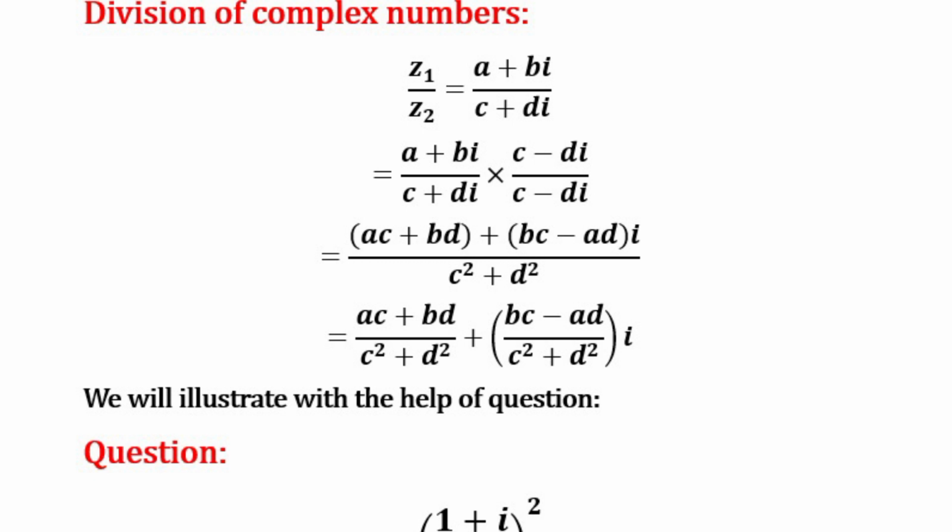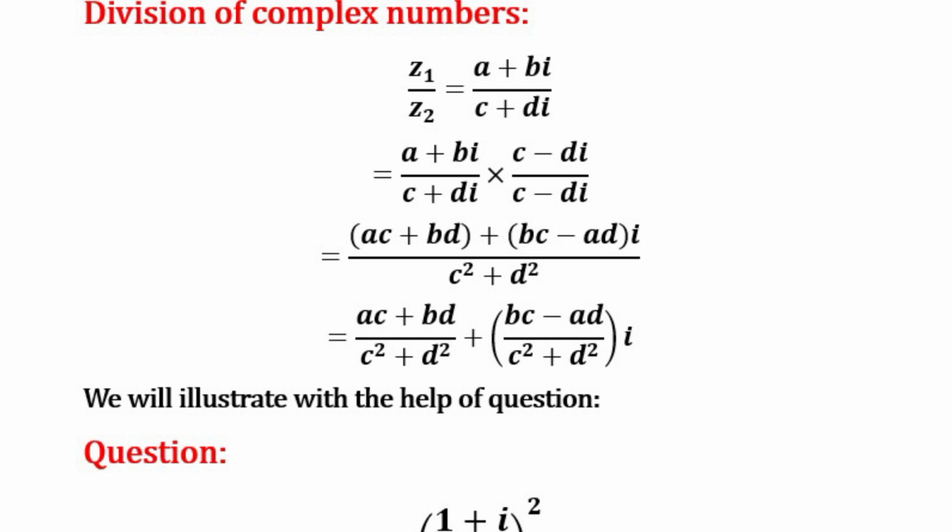Next topic is division of complex numbers. We have two complex numbers a plus b iota and c plus d iota. We have to divide them. We will rationalize them with the conjugate of the denominator, c minus d iota, and then we will get ac plus bd plus (bc minus ad) iota by using the formula of complex number multiplication, and we will get c square plus d square in the denominator.